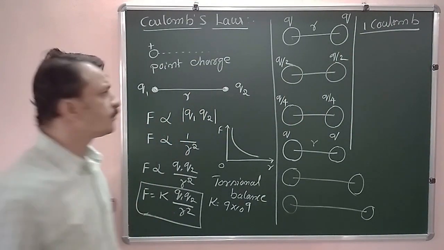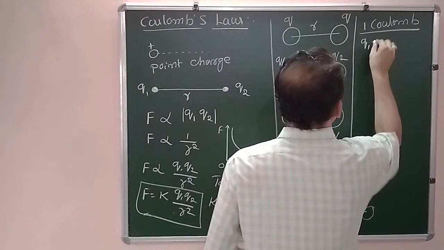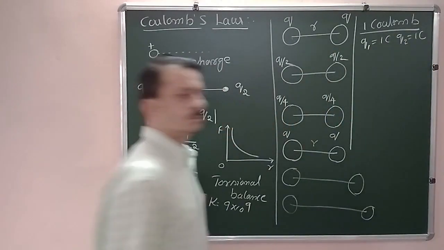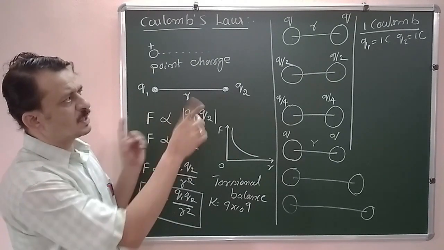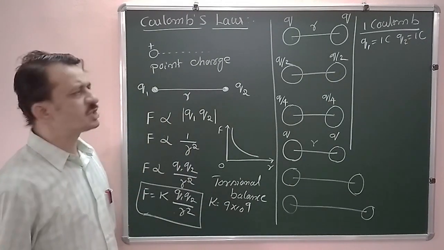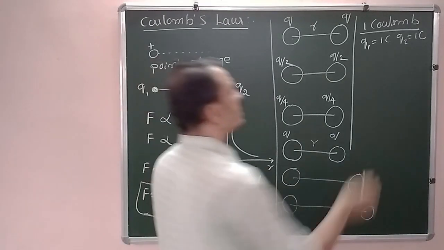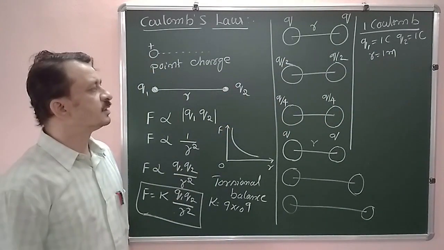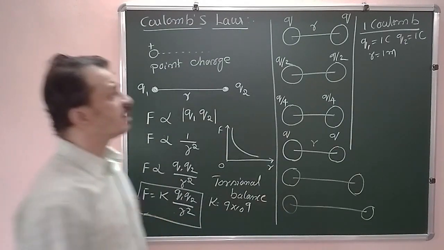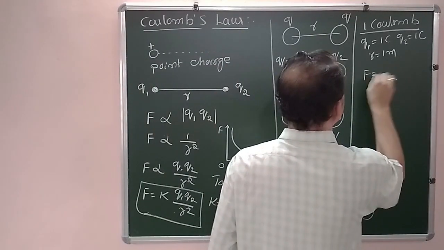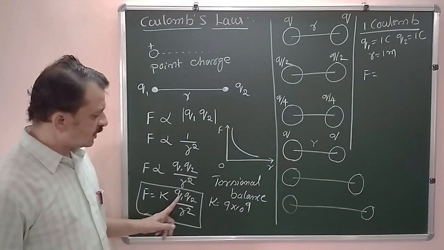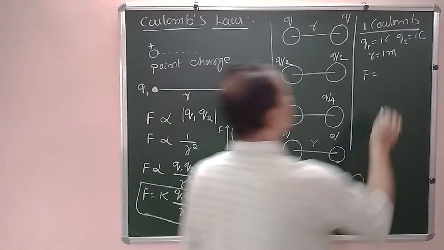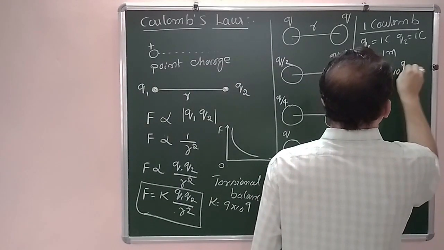In this relation, if I take Q1 equal to 1 coulomb and Q2 also equal to 1 coulomb, if we take 2 point charges having 1 coulomb each, and if they are separated by a distance of 1 meter, then if I substitute all these things, what am I going to get? Q1 is 1, Q2 is 1, and R is also 1. Therefore, F is K, 9 into 10 to the power of 9.